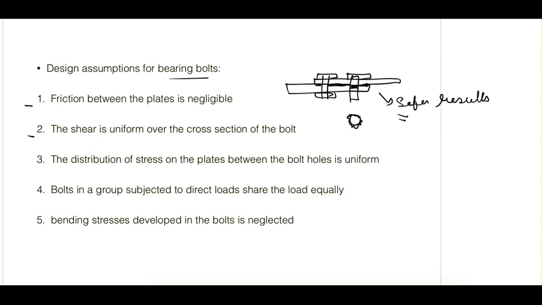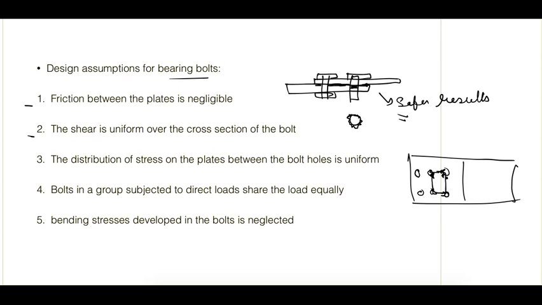The third one is the distribution of stress on the plates between the bolt holes is uniform. That is, this is the connection. So we are talking about this region here. This is the assumption, whereas in the actual condition on the edges of the bolt hole the stress will be more.